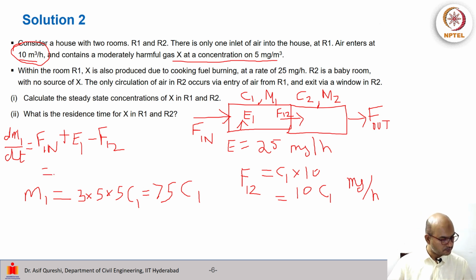So this is equal to 50 plus 25 minus 10 C1.